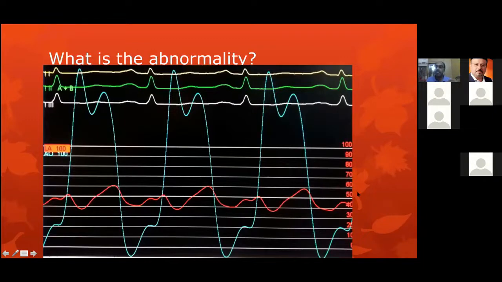Repeat the mechanism of cannon waves, please. Cannon wave is a phenomenon that happens when the ventricle is contracting and the tricuspid valve is coming to the closed position. So this produces a small C artifact during the AX descent.